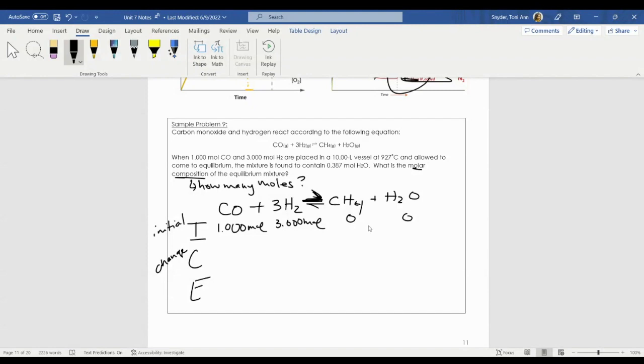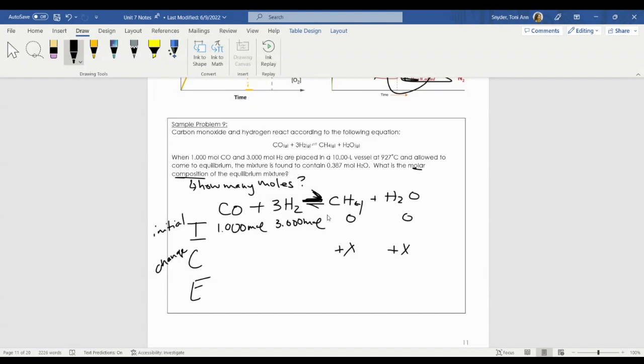Because there's no products, this has to first go in the forward direction. So therefore, I have to make some amount of products. How much product am I going to make? Well, some amount X, because we might not know right off the bat what it is, but this is going up some amount. Water is also increasing the same amount, and that's because this is a 1-to-1 mole ratio.